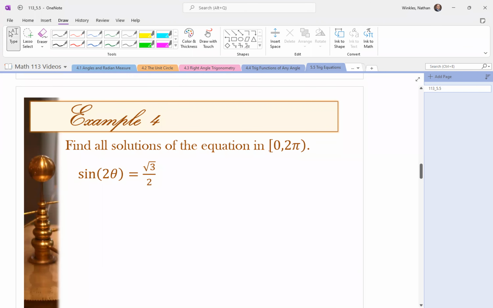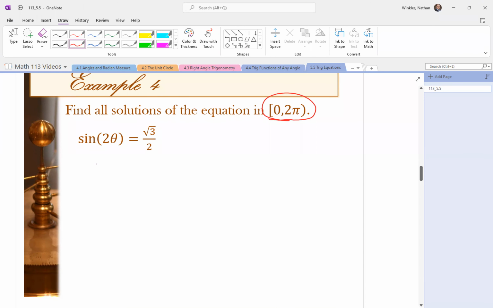Now, on this next one, it says find all solutions, but inside of this interval. When we're talking about inside of the interval, it's slightly different. The first steps are 100% the same. We're going to do the same process.